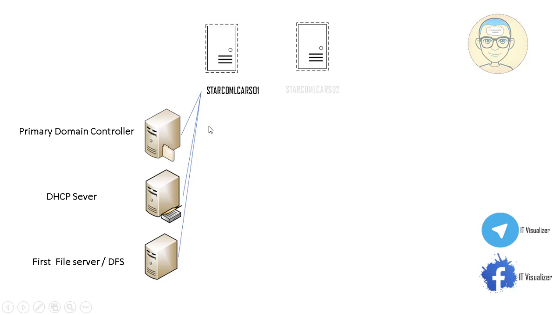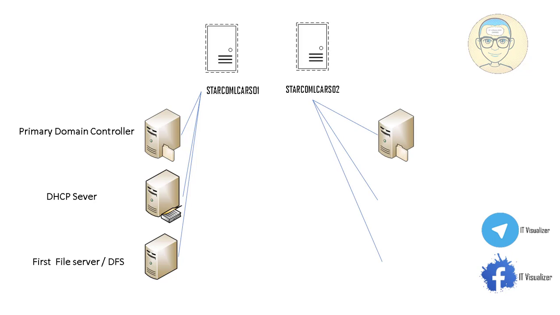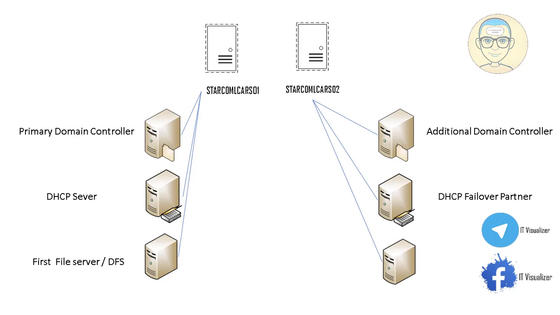And we have the second, which will be our second virtual server, and we will have 3 roles installed on it: the additional domain controller, the DHCP failover partner, and the second file server with DFS. Between both servers, the primary domain controller and the additional domain controller, there will be replication, so both domain controllers will be identical.